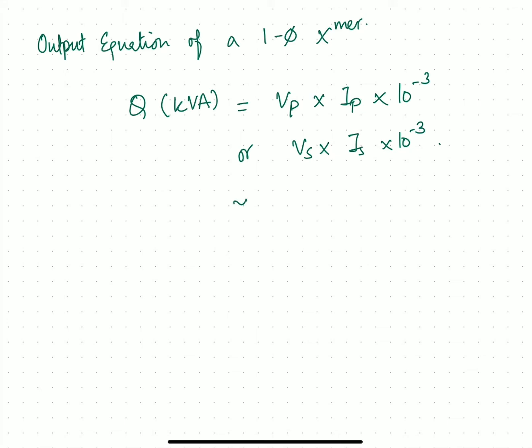Which is also equivalent to writing Ep into Ip into 10 to the power minus 3, or you can write this as Es into Is into 10 to the power minus 3, right?